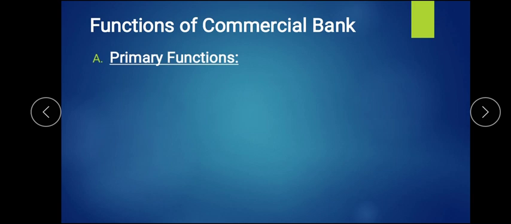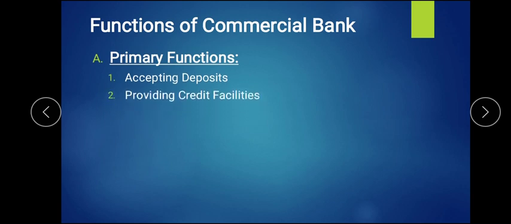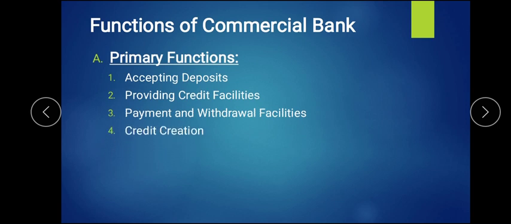Just as a highlight, the primary functions are: first, accepting deposits; second, providing credit facilities, like the bank gives our money to other persons who need it; payment and withdrawal facilities are also given to us. Then credit creation and loan creation are done, as well as interbank transactions. So these are the primary or basic functions of a commercial bank.